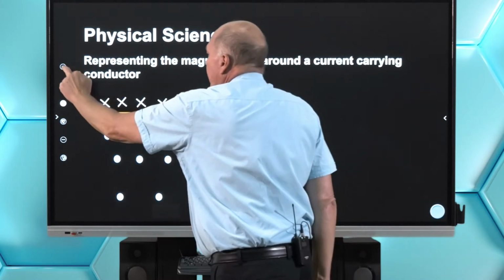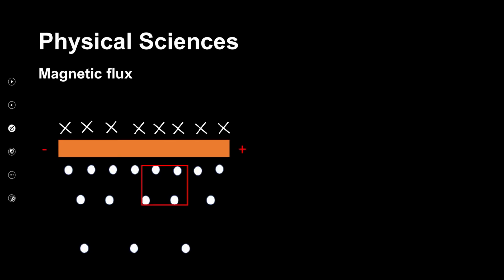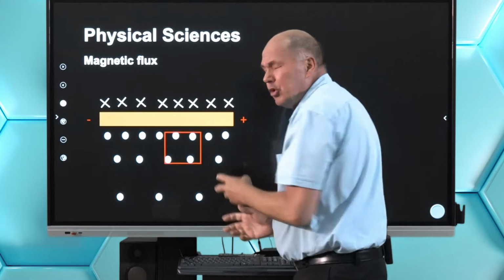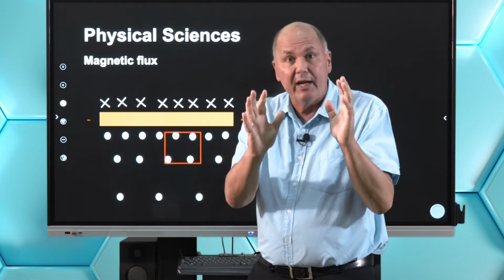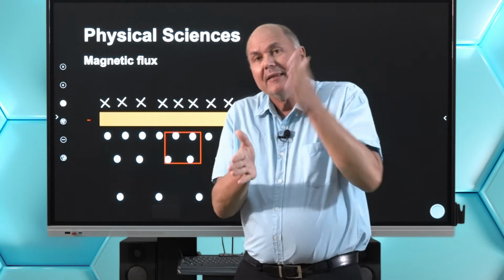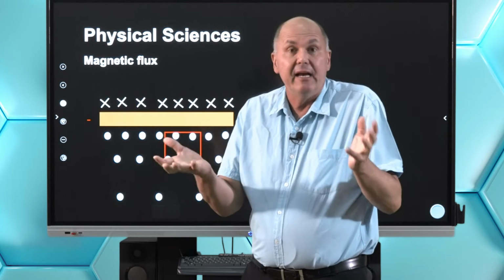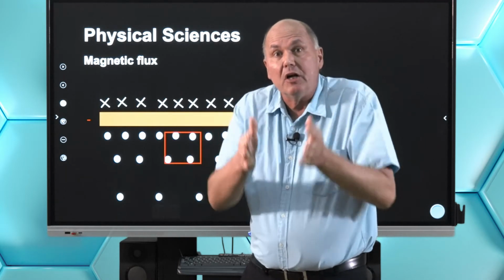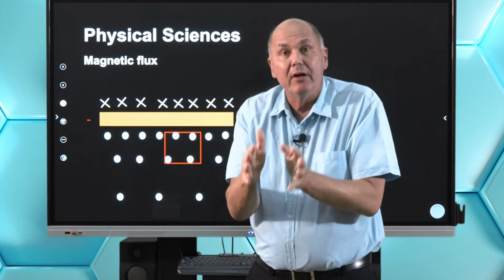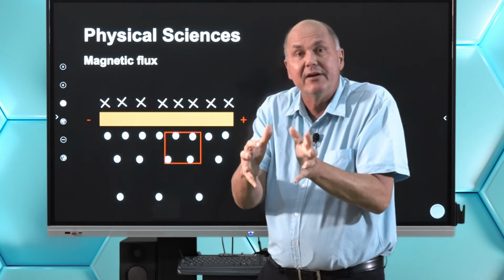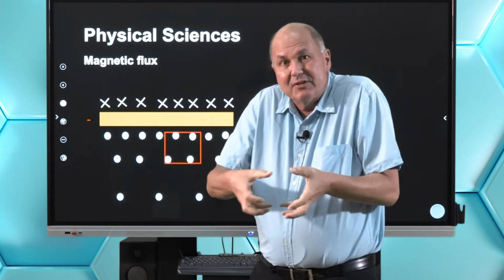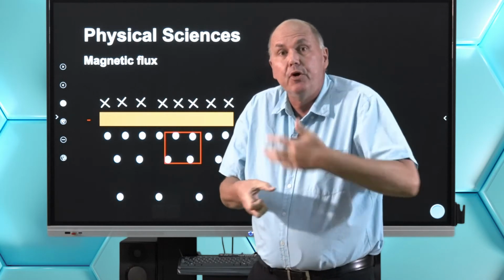So if we wanted to recognize the strength of the magnetic field, where is it stronger? Well, where the dots are closer together. And I've drawn a little square to say this magnetic field is passing through an area that I selected. And there are lots of field lines that are parallel to each other passing through this area. So they're kind of clustered together. There are lots of them per unit area.